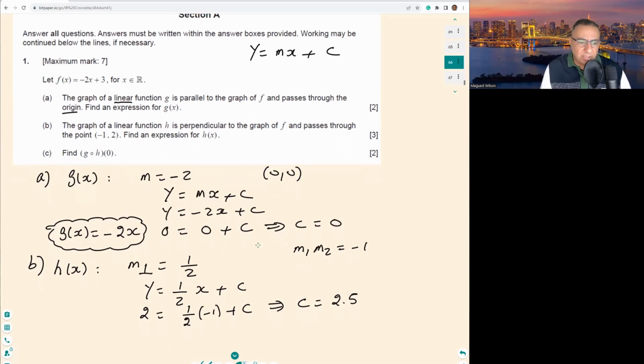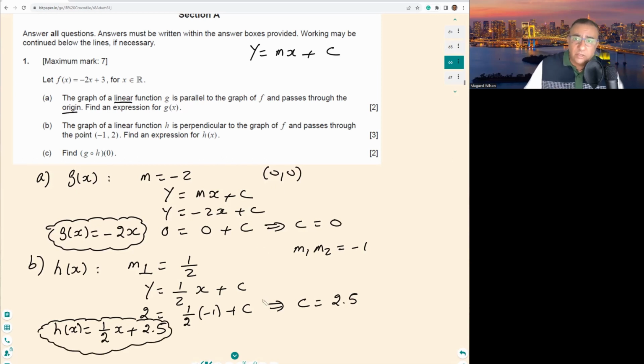So h of x as a function is going to be 1/2 x + 2.5. That's totally fine if you keep it decimal. And that is the function h, 3 marks.